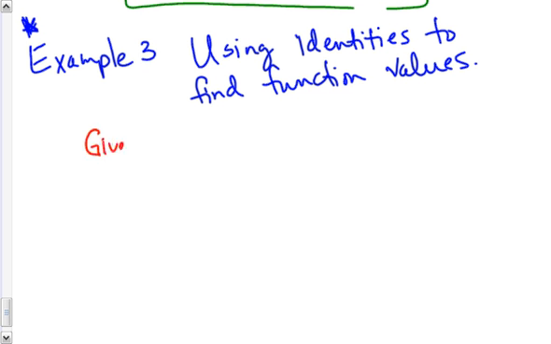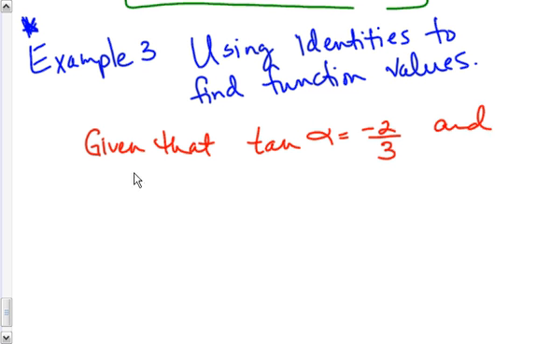All right. Given that tangent of alpha, sorry, not alpha, it's negative alpha, the tangent of some degree measure, is equal to negative 2/3, and alpha is in quadrant 4.